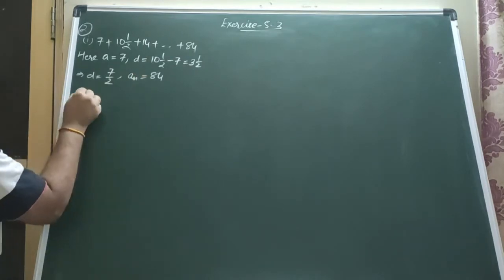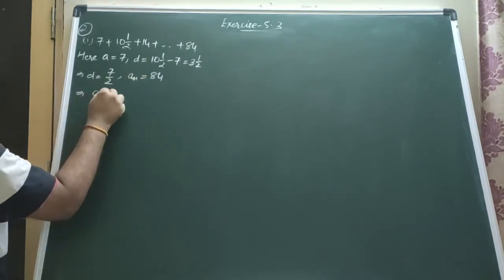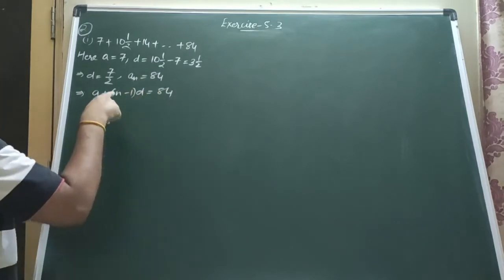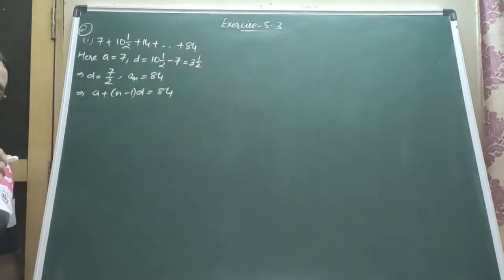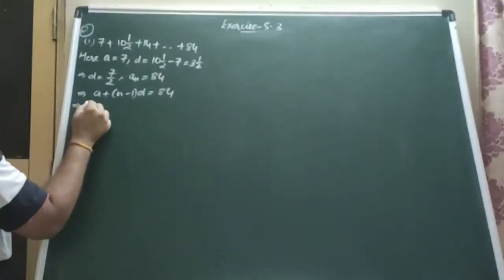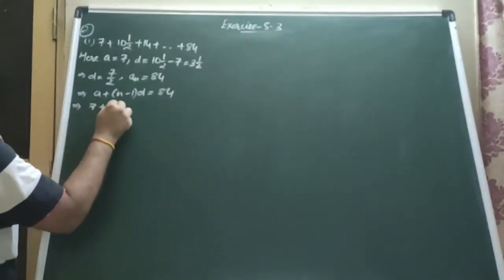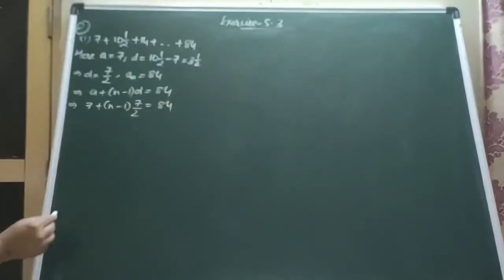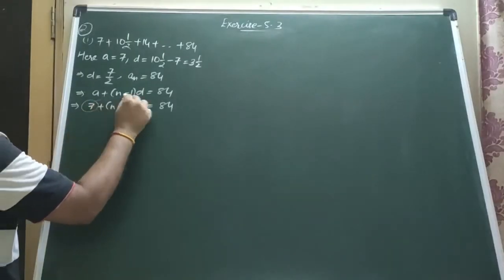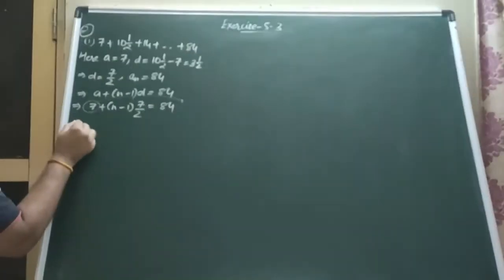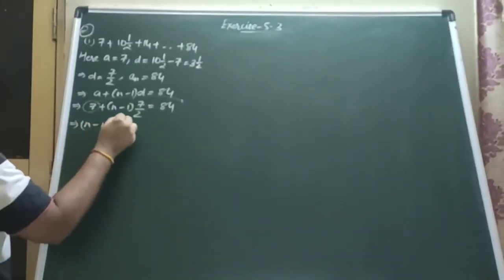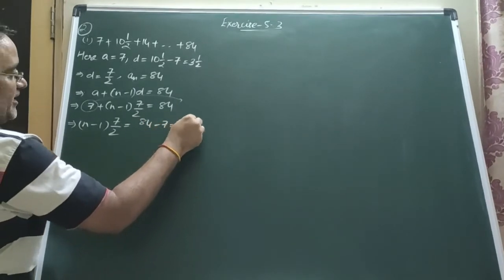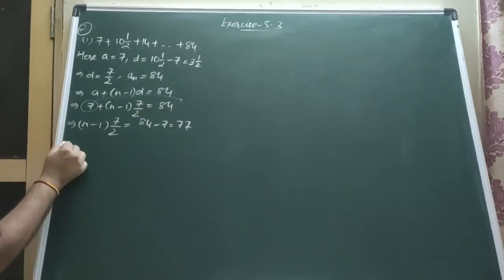So what is an? The formula of an is a plus n minus 1 into d is equal to 84. Now using this formula we will find the value of n. 7 plus n minus 1 into 7 by 2 is equal to 84. Now shift this 7 to this side, it will become minus 7. So 84 minus 7 will be 77.